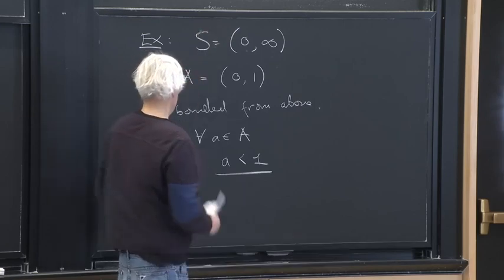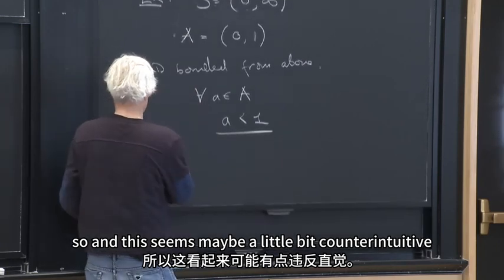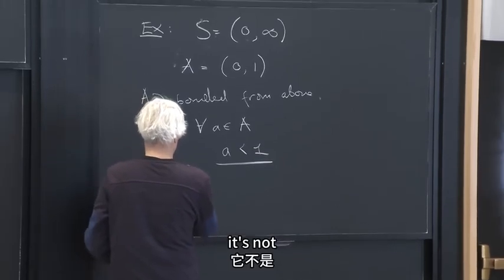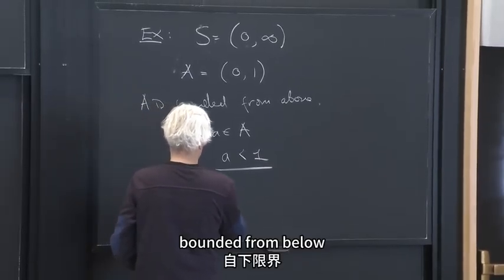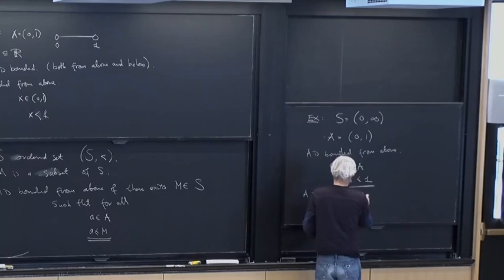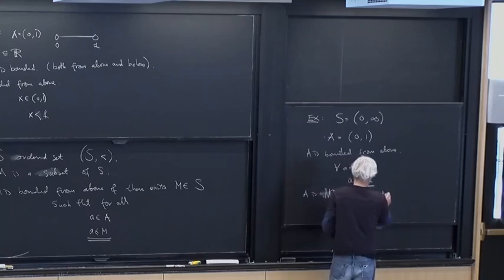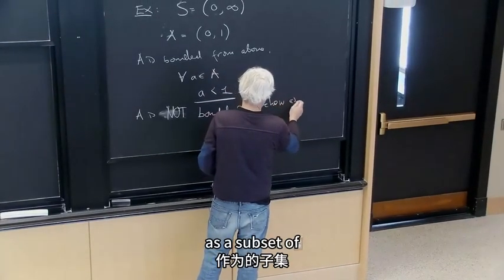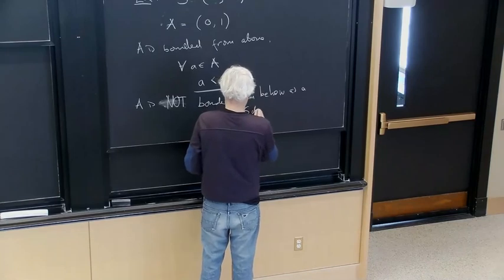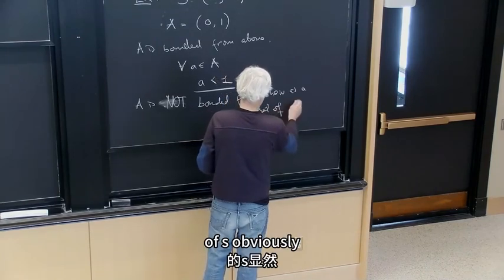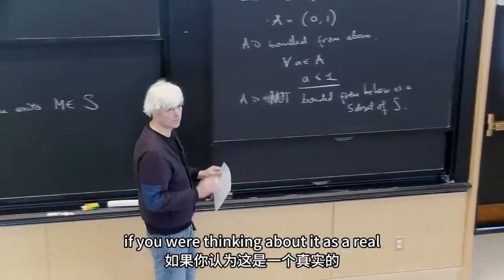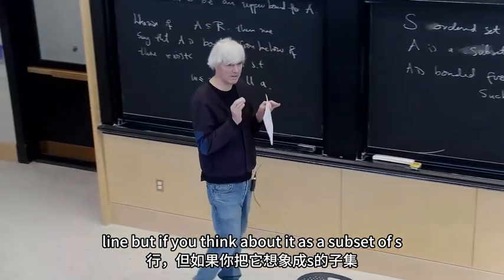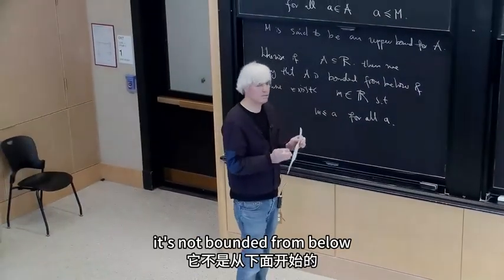This seems maybe a little bit counterintuitive, but A is not bounded from below as a subset of S. Obviously, it is bounded from below if you were thinking about it as a subset of the real line. But if you think about it as a subset of S, it's not bounded from below.